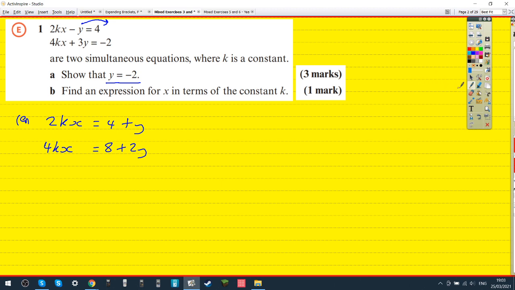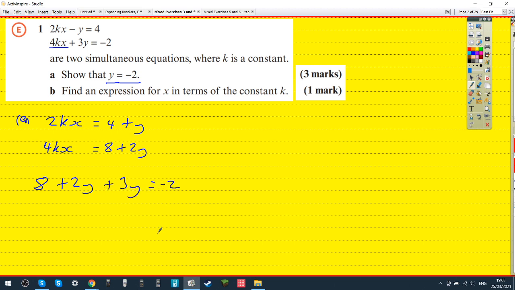And then how could you use that? You divide by 4 on both sides. You now have 4kx equals, and this one has 4kx. Oh, so you substitute 4kx in, which is 8 plus 2y, plus 3y equals minus 2.